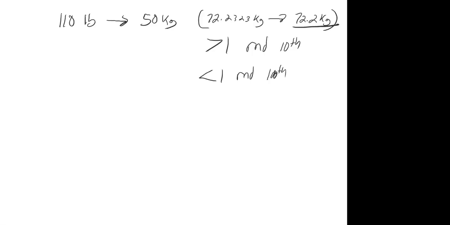The exception to that is if you have drops, and drops are always in whole numbers. So I would just write that down. If I got a number greater than 1, I round that to the 10th.